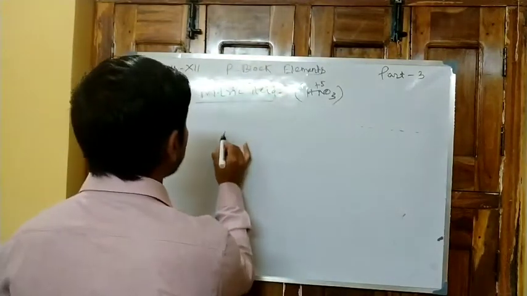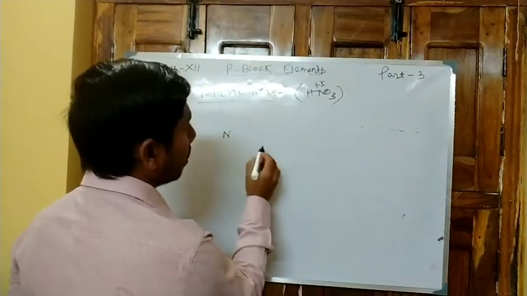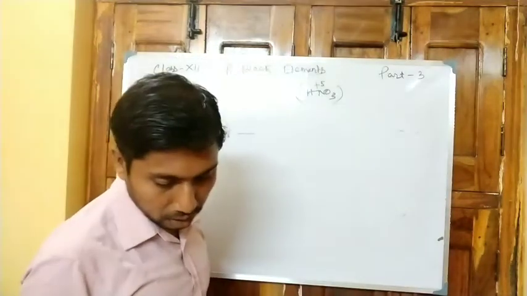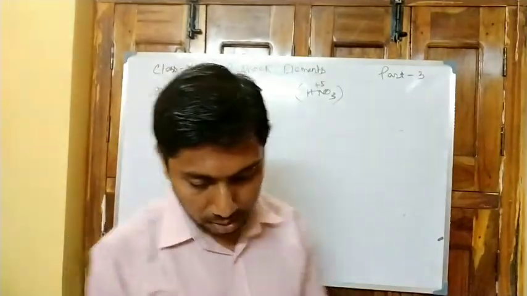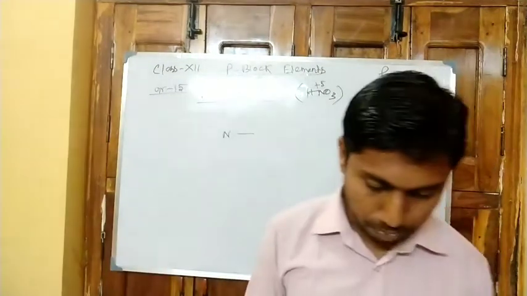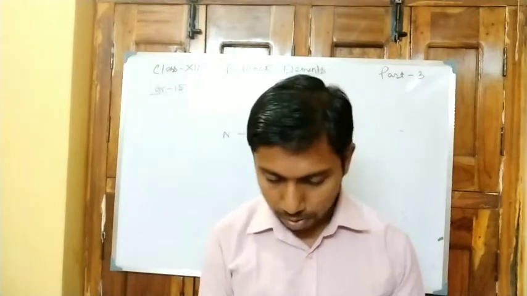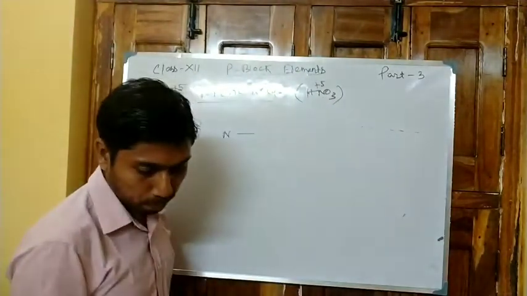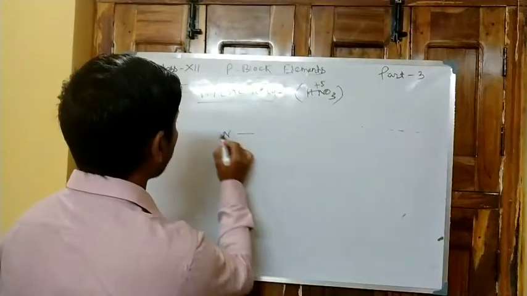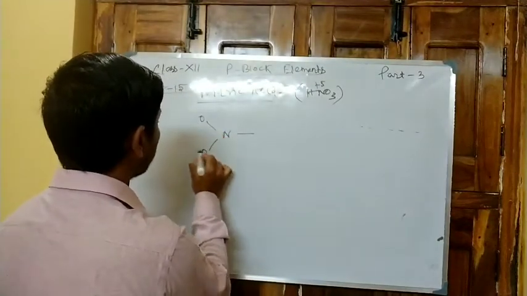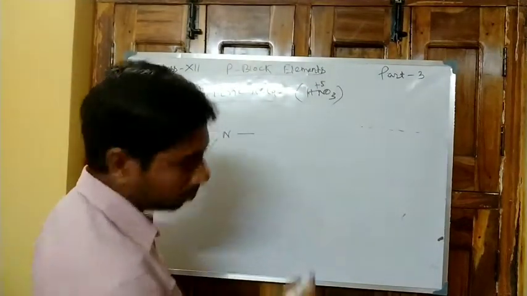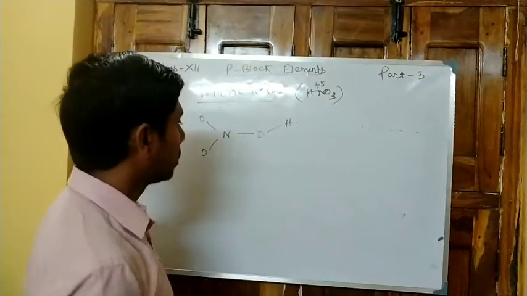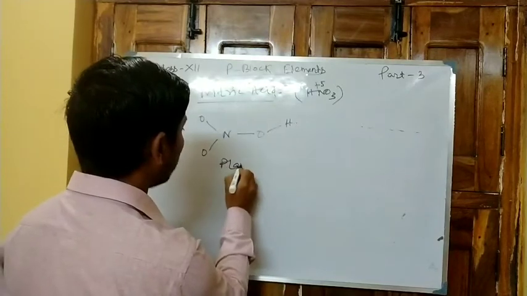Now the formula for nitric acid is HNO3, and it is represented in the planar structure of HNO3.